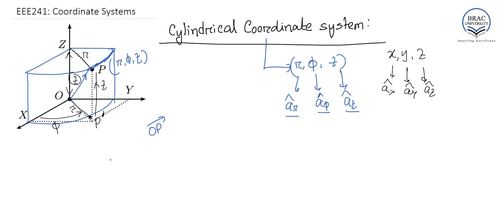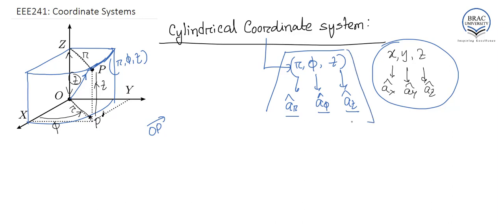Where exactly are the unit vectors situated right now? We will have to find three perpendicular unit vectors, right? One of the unit vectors will be along this direction. This is self-explanatory. If you compare with the case of the Cartesian coordinate system, you will get the hint and use it to find where these three unit vectors will be pointing.